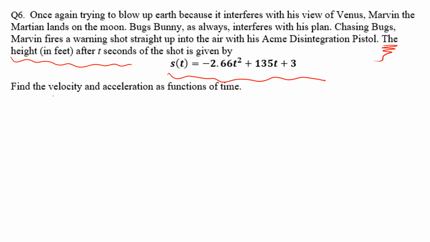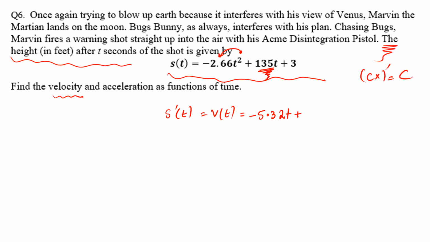Now find the velocity. So what is velocity? The first derivative of the height will give us the velocity of this bullet. What will we get? Multiply the power with the coefficient. It will give us minus 5.32t plus the derivative of 135t. This is the constant multiple rule, like the derivative of cx is only c.